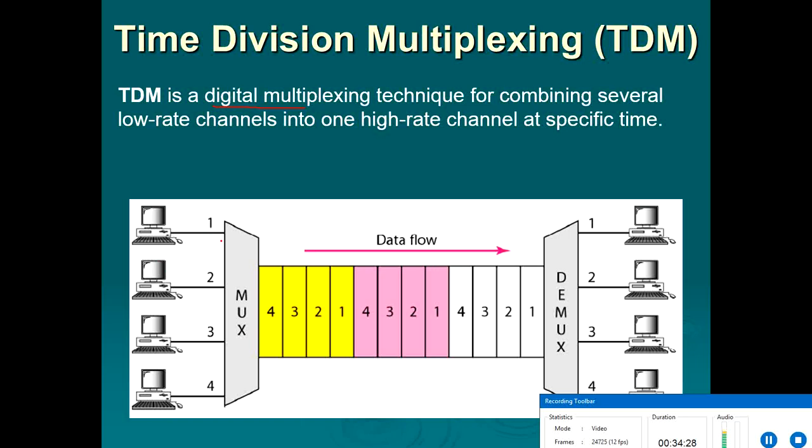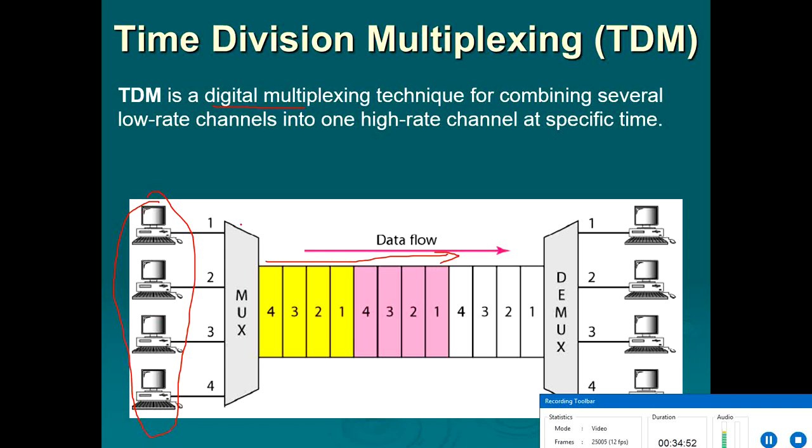Suppose we have n users and they are connected to the receivers by a single transmission medium. This transmission medium has to be shared among all these senders. The medium is shared among the users not according to frequency but according to time.